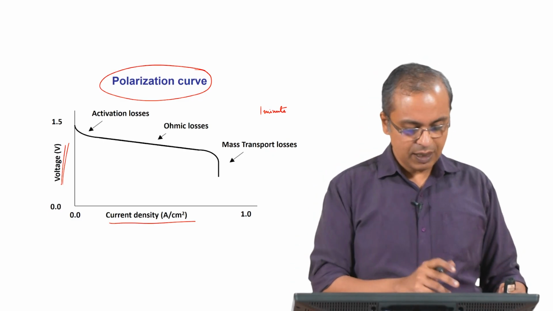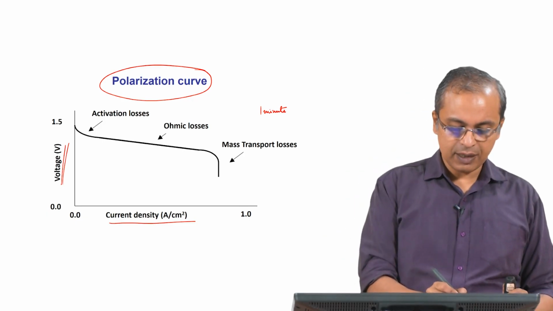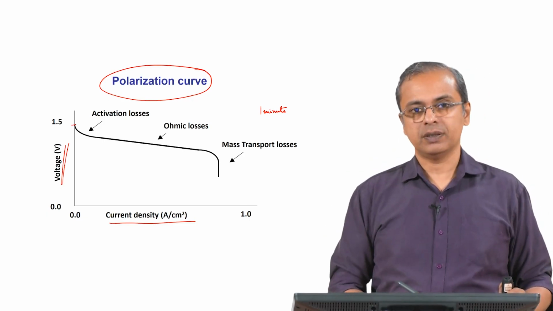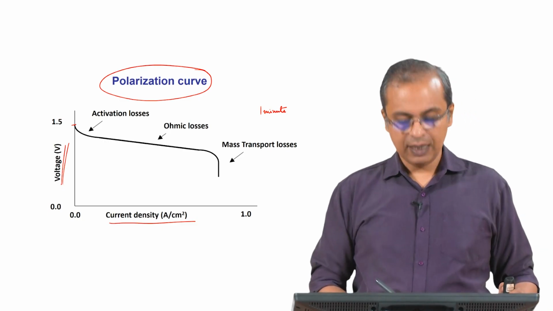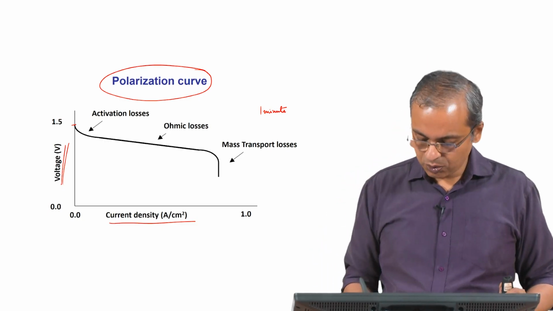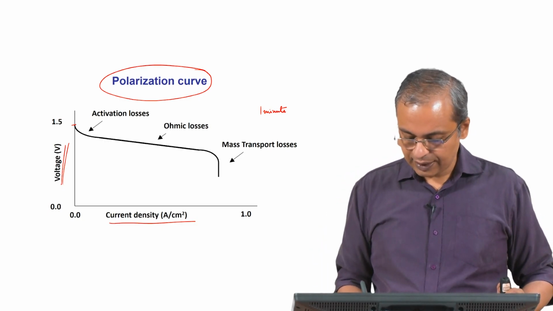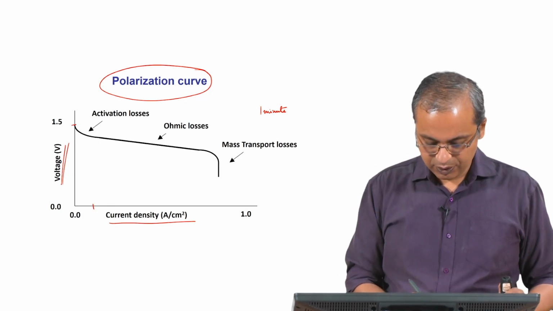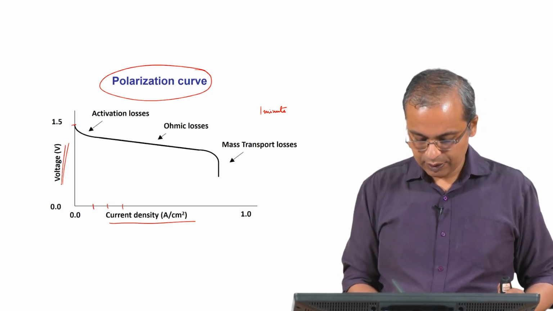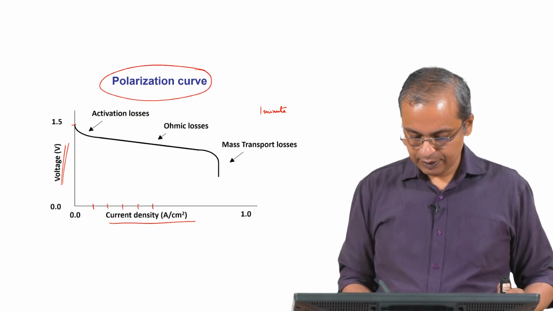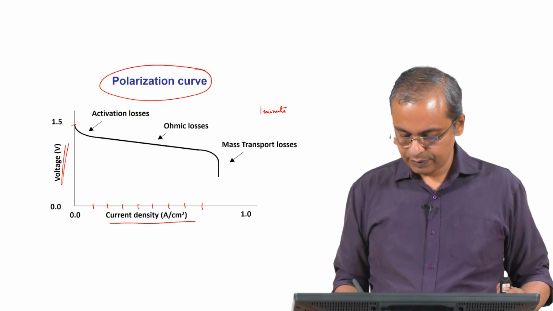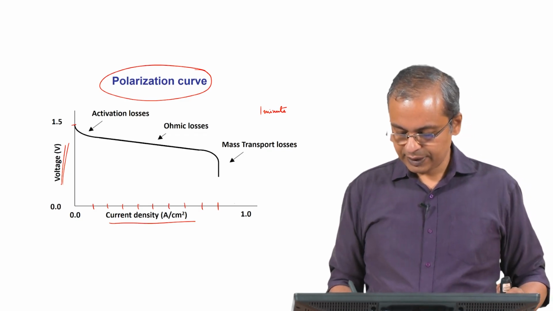So what happens is you stop the test, you measure the open circuit voltage. Okay, so that is 1.5 volts. Then you draw, let me just put some values here. Let us say here 1, 2, 3, 4. So let me say this is 10 amps.